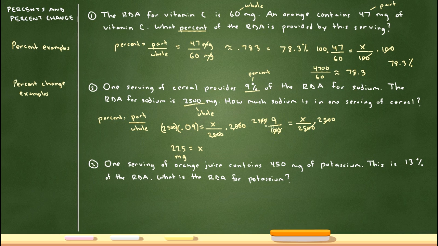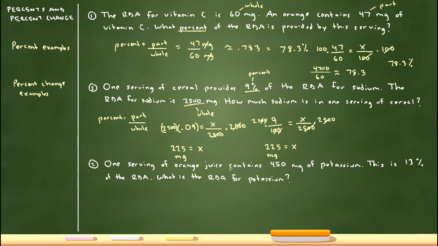And this is only in certain cases when you're not separated by addition or subtraction, but in this case this works out fine. So what we have here is 25 times 9, and we could see that's going to be 225. So 9 times 20 is 180, and 9 times 5 is 45. So you sum those together and we get 225. So 225 is equal to x. And again, the units on here are milligrams.